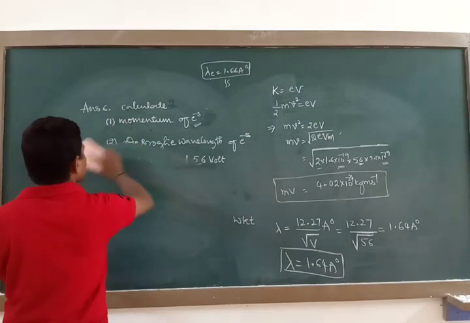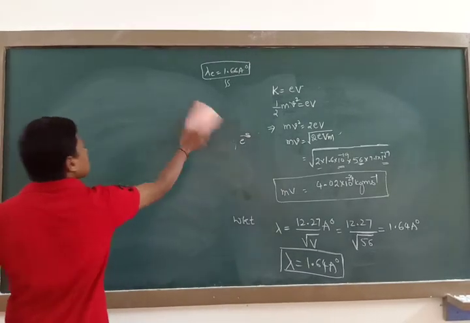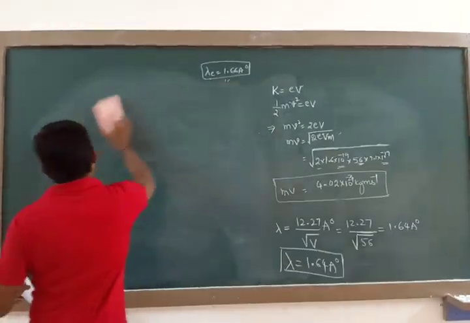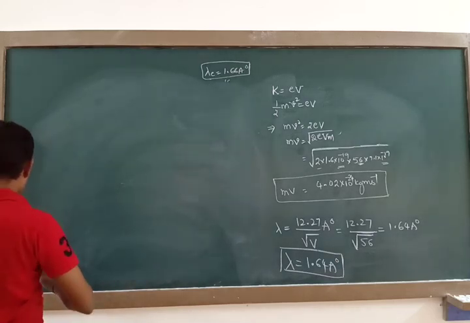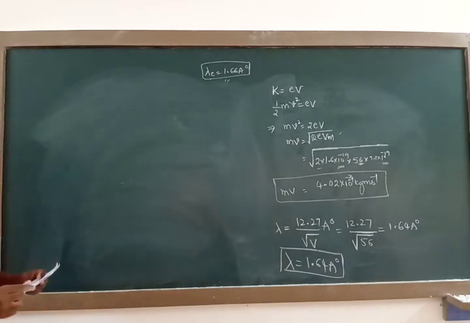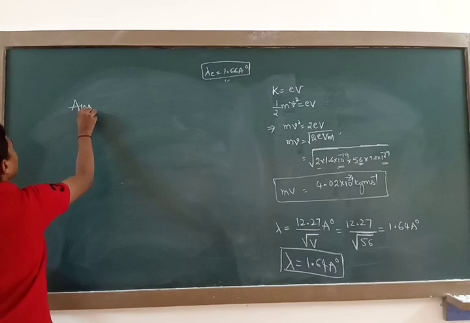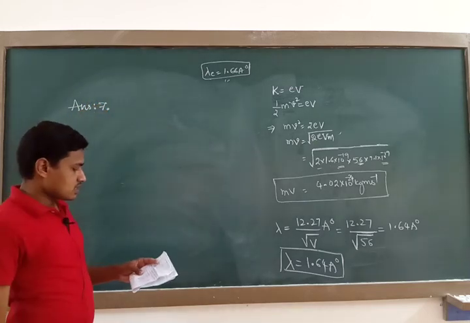Let us go to the next numerical. See, problem number 7, and I would like to give the solution to the 7th problem right now. First I will tell you, this is also a very simple question. The answer for the 7th question: what is that?